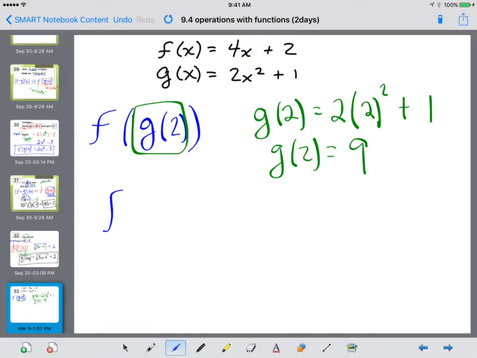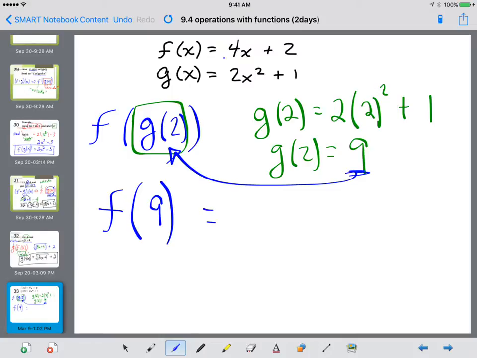Okay, well, let's replace that. Let's find f of g of 2. That looks confusing, but I know g of 2 is equivalent to 9, so I can plug 9 back in. So I'm going to try to find f of 9. Oh, that's simple. That means I just plug the 9 in for the x's in my f of x. So we have 4 times 9 plus 2.